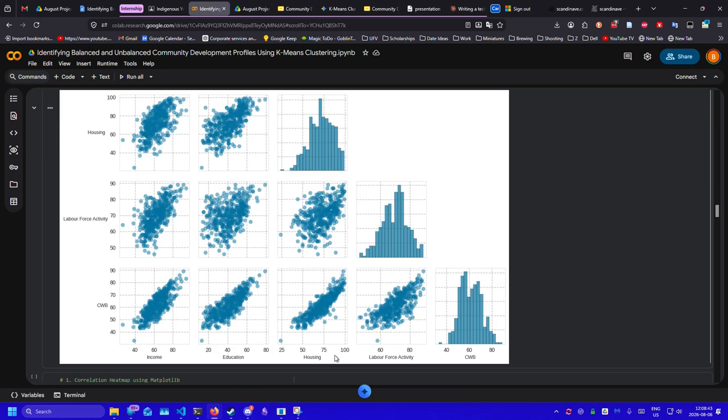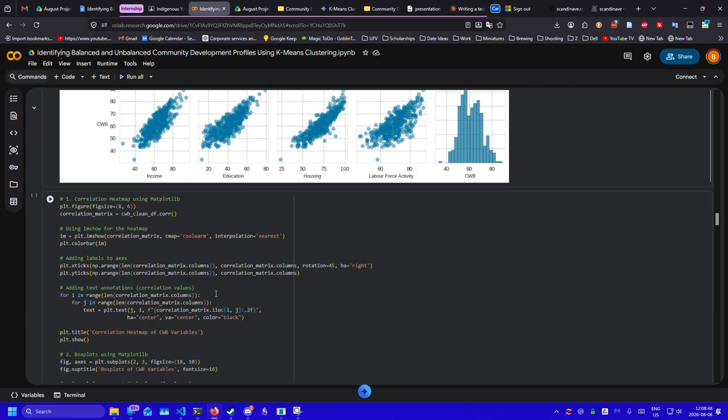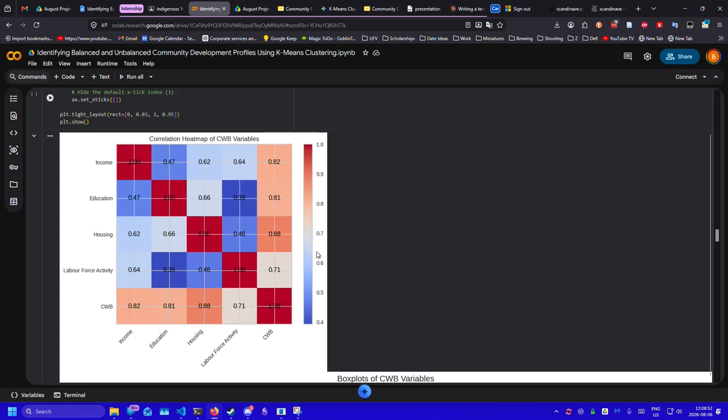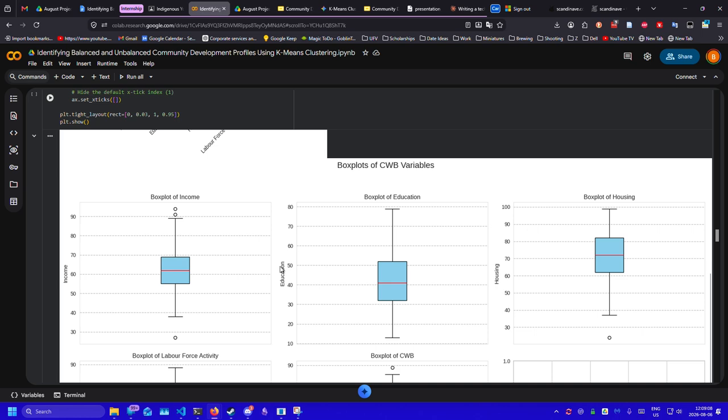And then we have all of the input variables plot against each other in the remainder of these graphs. The correlation heat map was the most useful thing by far. I think the most interesting part was that labor force activity isn't as strong of a predictor as income, which should be obvious since there's other ways to make income than labor, but it's interesting to see it in data.